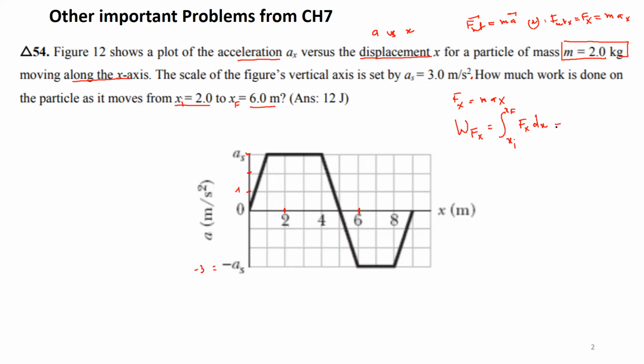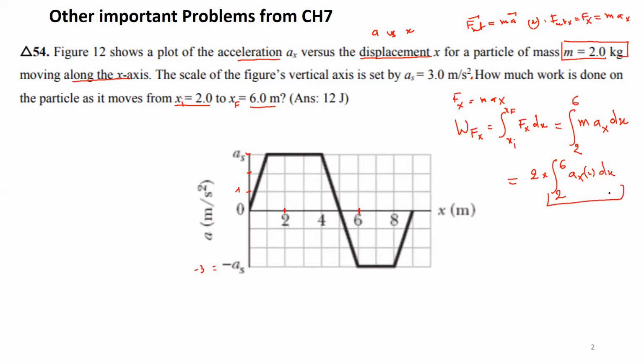Okay, so it will be the integral between x initial, which is 2, and x final, which is 6, of Fx, which is the mass multiplied by the acceleration, multiplied by dx. So I will take out the mass, which is 2 kilograms, multiplied by the integral between 2 and 6 of AX dx.